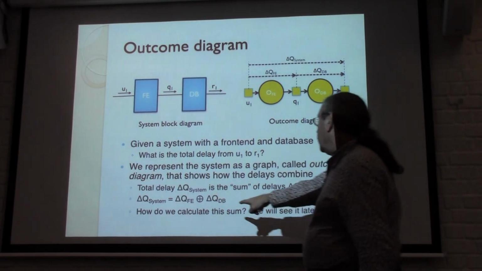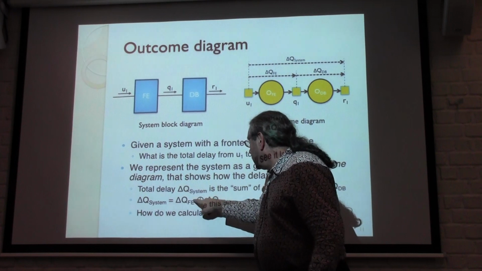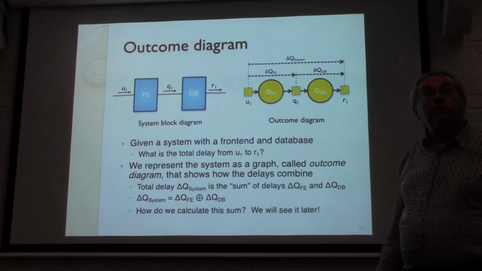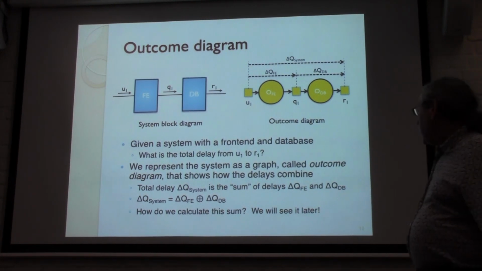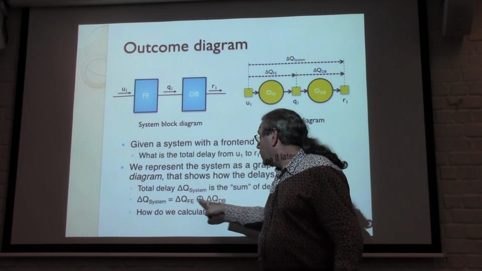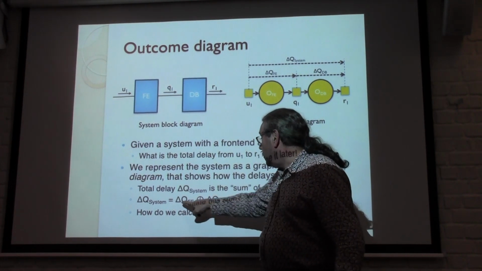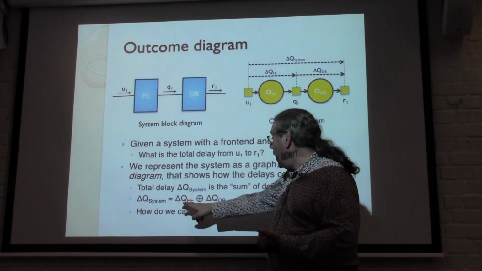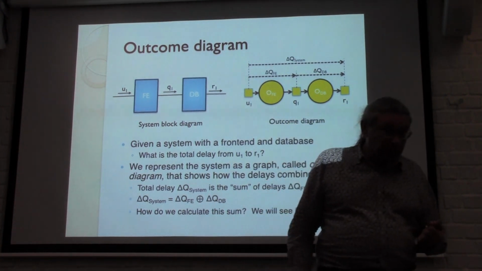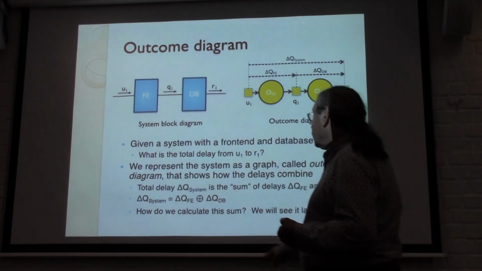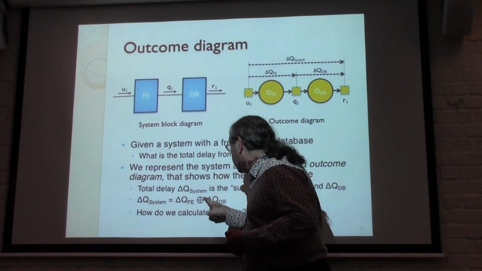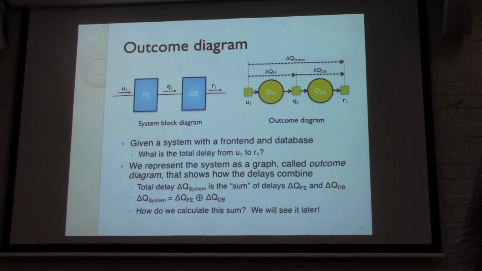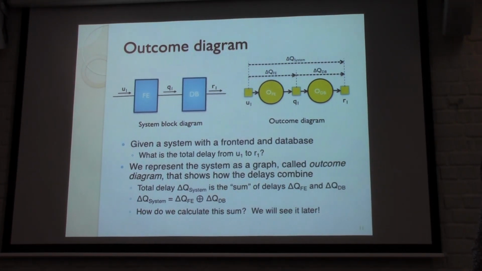And we write it like this, using this plus with a circle around it. But it's not actually arithmetic that we're doing, because these delta Qs are functions. So it's more general than just adding 5 and 6 milliseconds, okay? We're adding two distribution functions to get another distribution function. So this is a much more interesting computation. And I don't know if you have seen anything like this in another course.